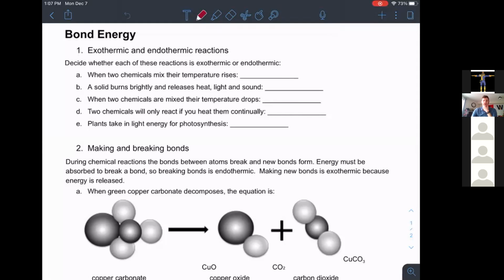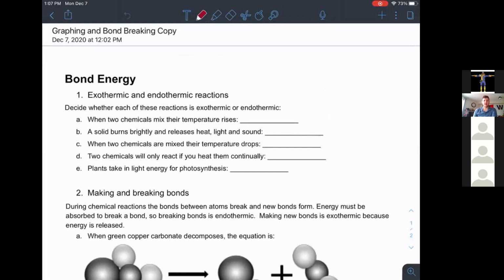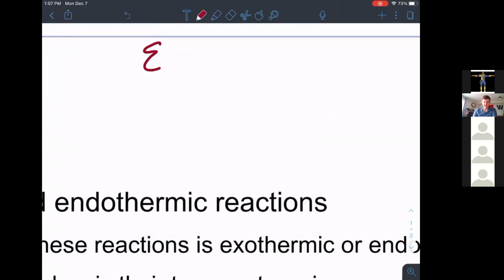All right. So before we can go into any details, we do need to remember how to identify between endothermic and exothermic reactions. So can anybody tell me what an endothermic or exothermic reaction is?